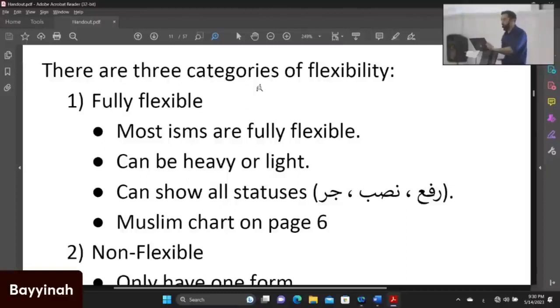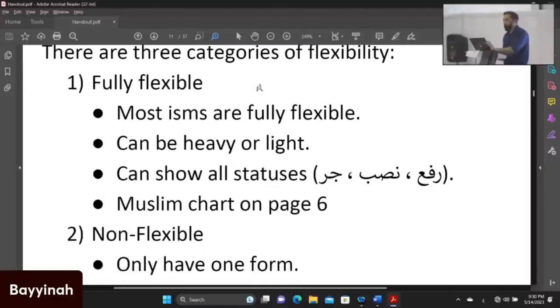And then it says most isms are fully flexible. Is that clear? Then it says they can be heavy or light because they have all the rights. If they want to be light, they can be light. If they want to be heavy, they can be heavy. They can show all statuses, rafa or nasab or jar, sounds, combinations. Basically, fully flexible means you can use the entire Muslim chart on page 6. That's what that means. Okay?